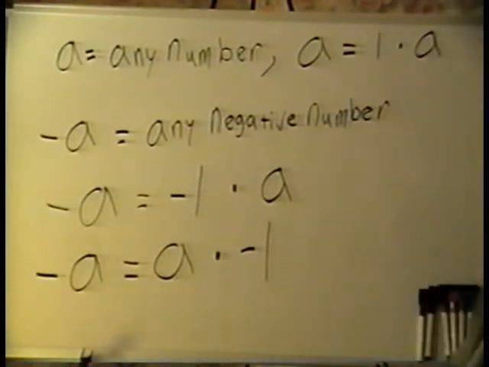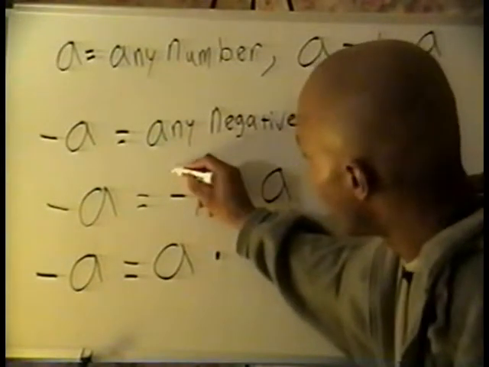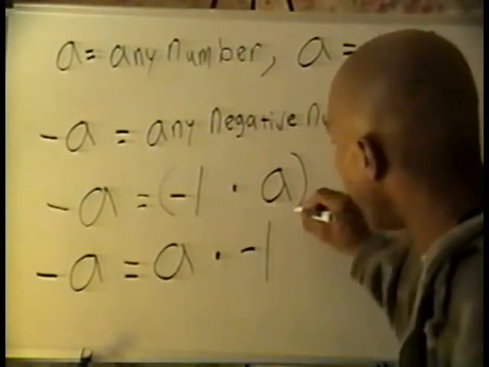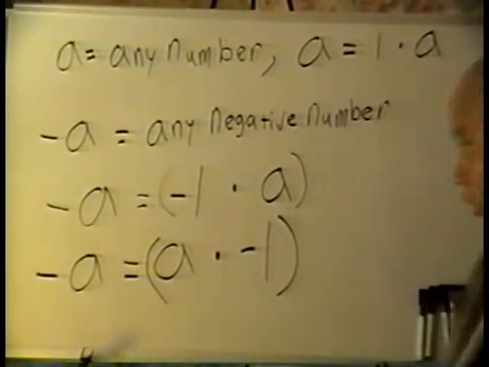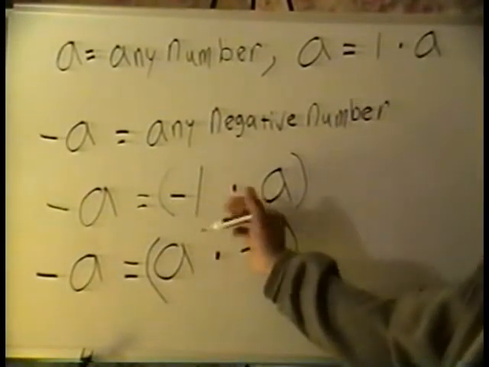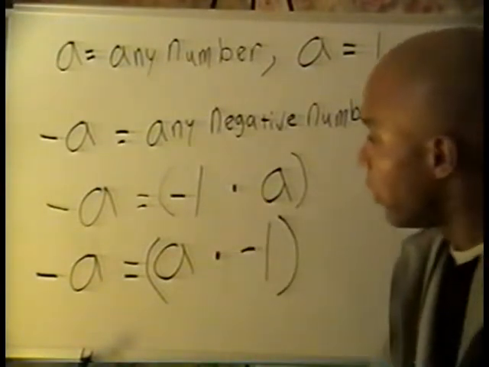Negative 1 can be factored out of it. That's what they equal. So this number equals that entire expression, negative 1, factored out of that number. We factor it out of A.